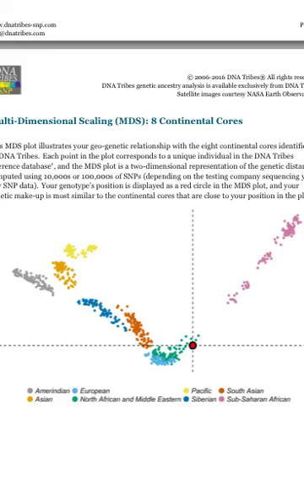I fall within the North African and Middle Eastern core, but at the end there. I'm guessing the further I go down is getting closer to European. It's nice to see this because it gives you an idea of how all of the, I don't know if races is the right word, but how they all relate to each other.